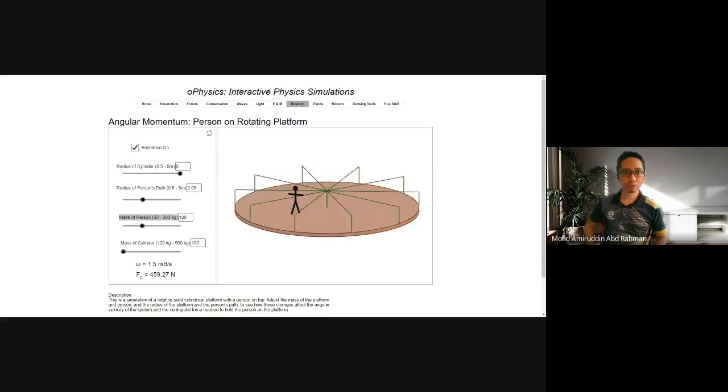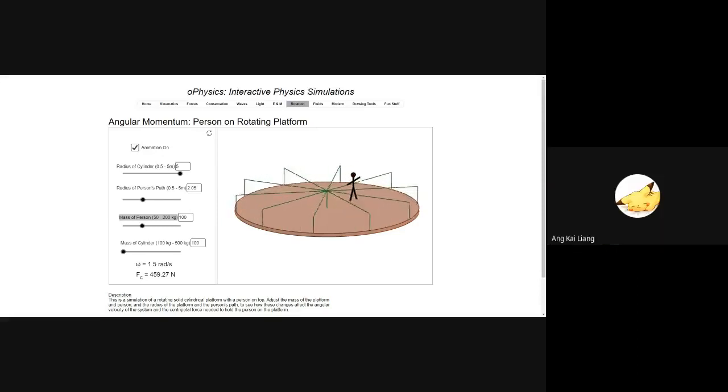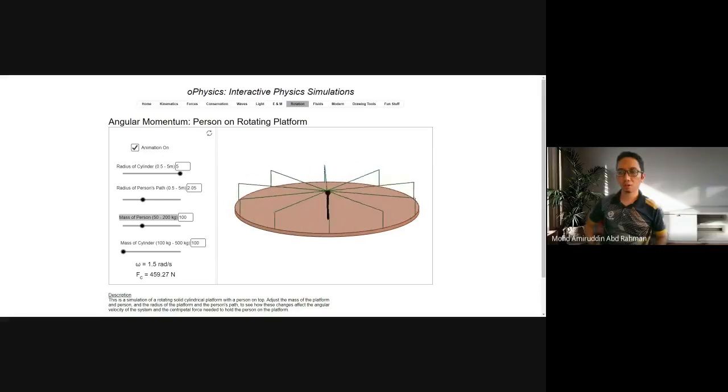Do you guys have any questions? Kaliang, do you have any question? No? Okay. In the meantime, I'm thinking of giving you an extra exercise for you to practice, and I'm going to give it with the answers. That will also give you extra marks, depending on your performance.